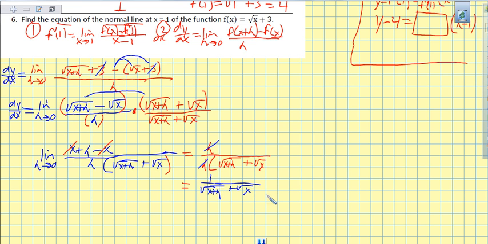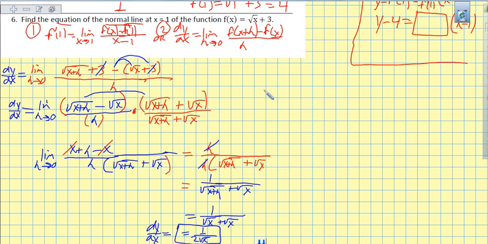I'm thinking I maybe didn't distribute a negative properly because it's not what I should get. So anyway, we have 1 over the square root of x plus 0 plus the other square root of x to give us 1 over 2 square root of x. No, that's proper. That's the correct answer. So that's our derivative in terms of x.